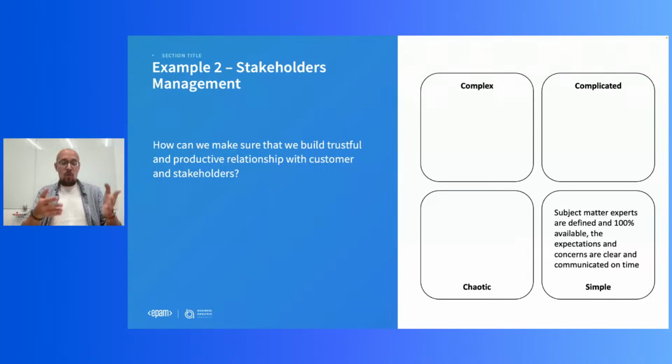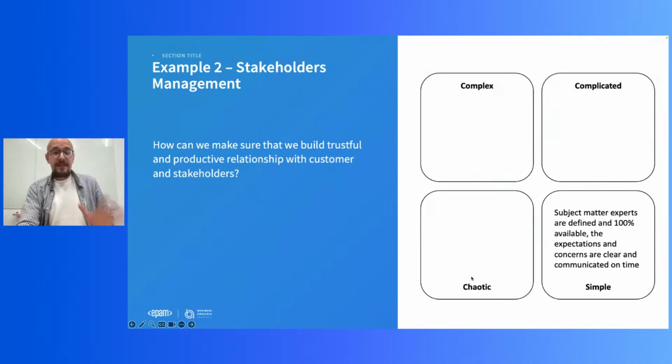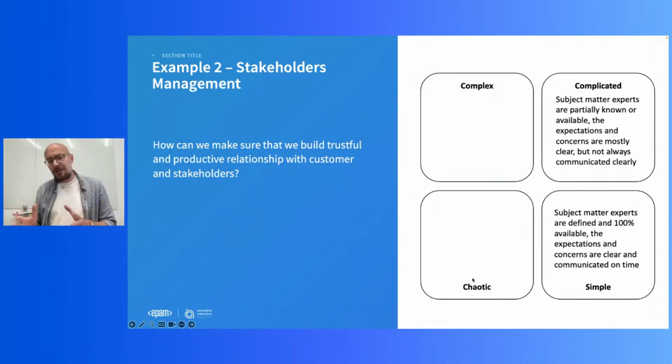We know which cause has which effect, right? So when we see that the subject matter experts are partially known or maybe not available, the expectations might be clear but not fully, and stakeholders are only partially aligned, then we have possibly ended up in the complicated domain.